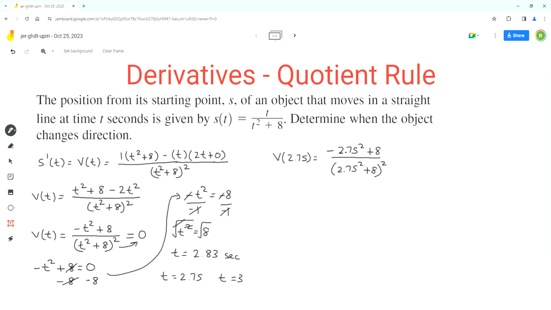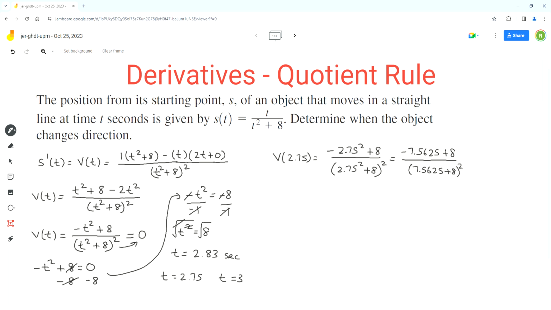Now we have to simplify this expression. We start by squaring 2.75, which gives negative 7.5625 plus 8 over, in the denominator, again 2.75 squared, so 7.5625 plus 8 and squared.